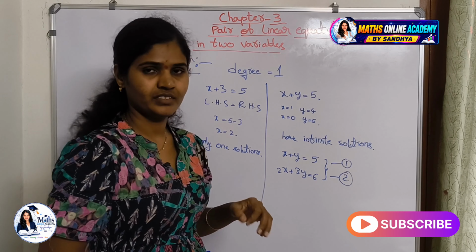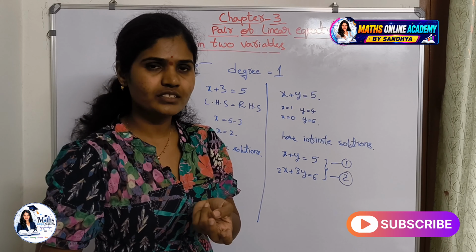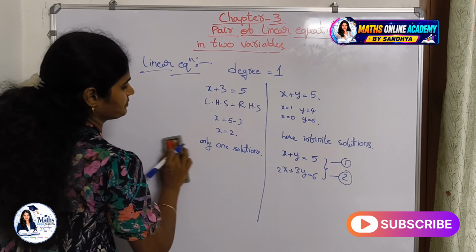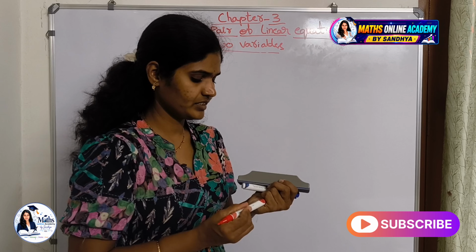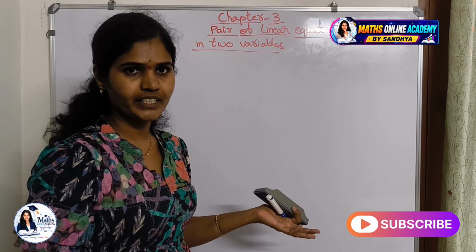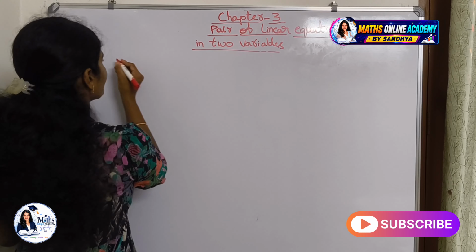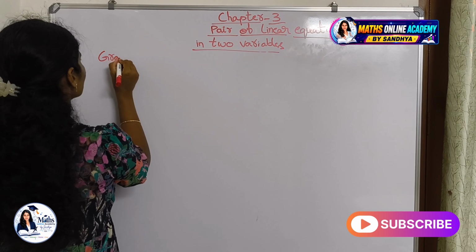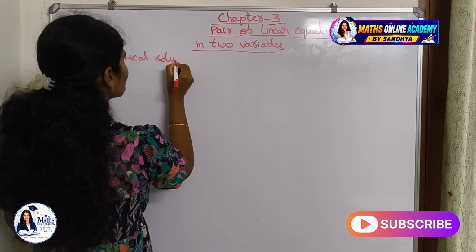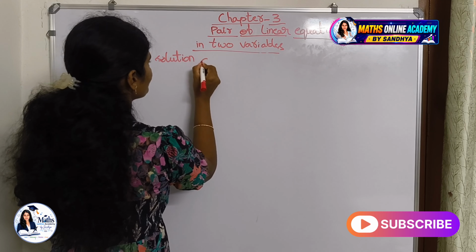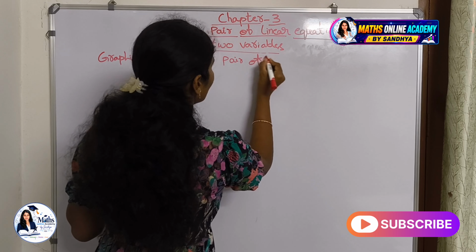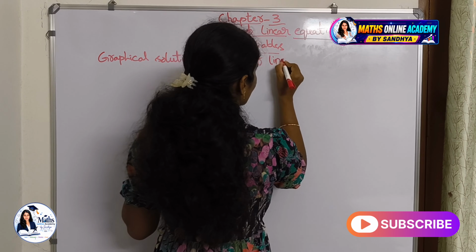For example, we are taking the 2 equations. What happens if we take 2 equations and draw the graph? Let's say if you draw the graph for the above pair of linear equations, what happens? Means the graphical solution of a pair of linear equations.